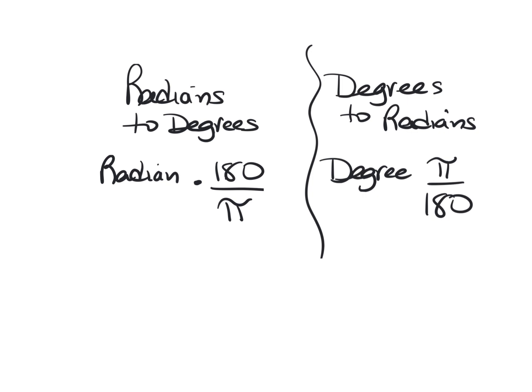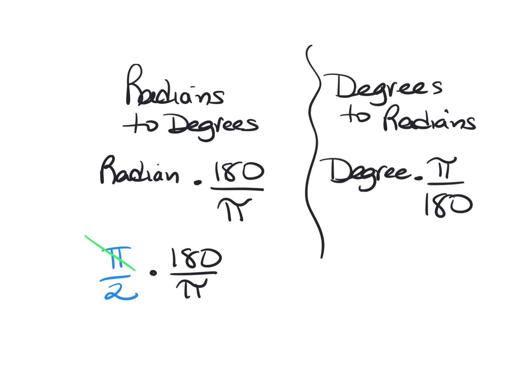So for example, let's say I gave you the radian measure of pi over 2, and I wanted you to convert that to degrees. I'm multiplying these. All right, so if I give you pi over 2 radians, and I want you to convert that to degrees, you're going to take the radian measure that you're given, and you're going to multiply that by 180 over pi.